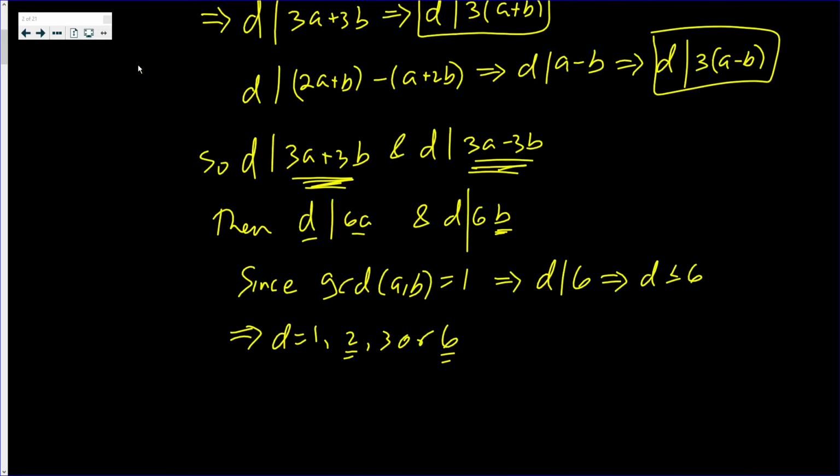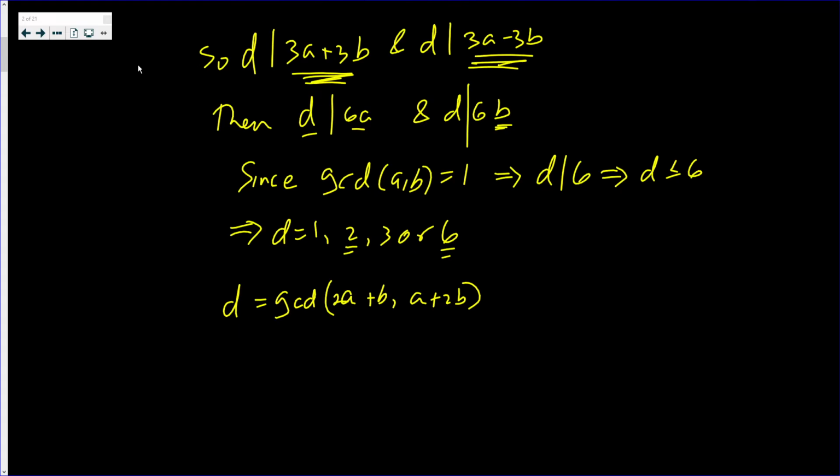Now, what would it mean for D to be 2? Now remember, D is equal to the GCD of 2a plus b and a plus 2b.